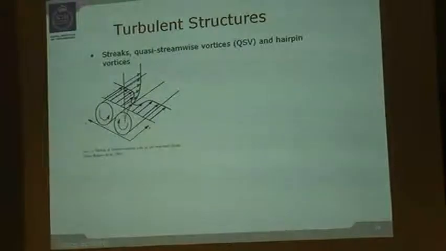Now, of course, there are a lot of theories about what these near-wall turbulent streaks actually are. One can consider them to be part of quasi-streamwise vortices, which essentially lift up fluid and push down fluid, and sort of create the deficit or the high-speed and low-speed streaks.